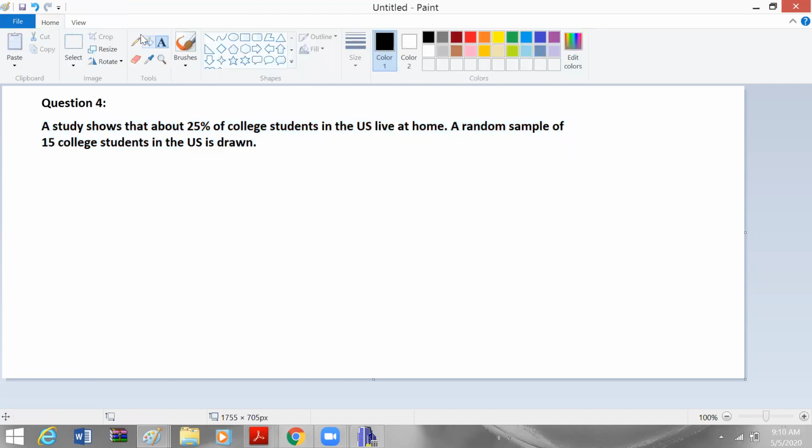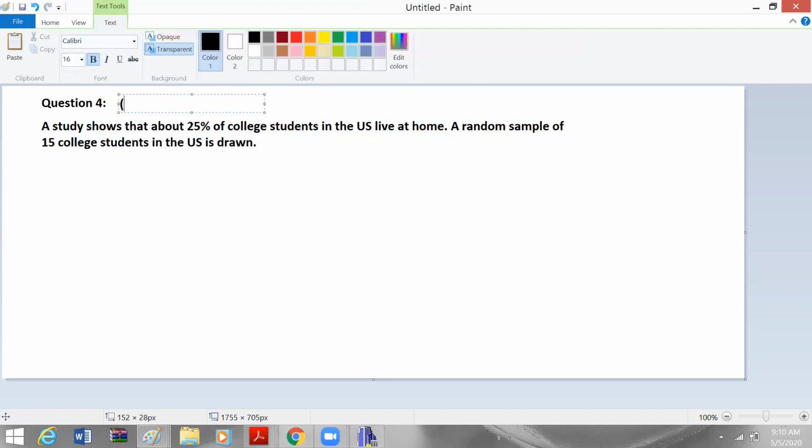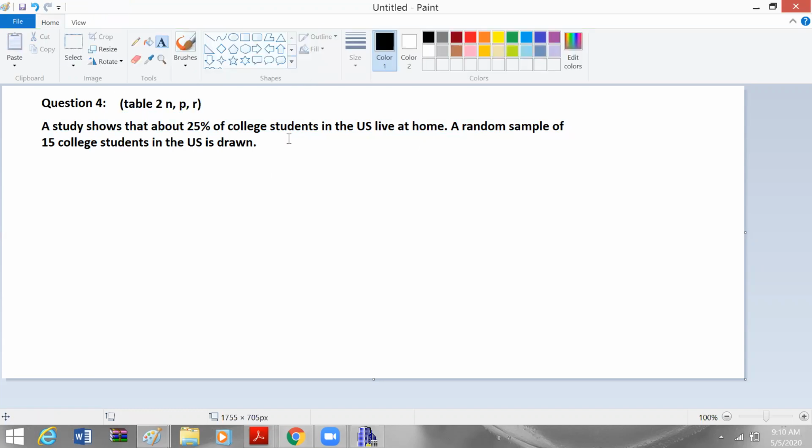When it comes to question number 4, we're going to use Table 2, the binomial table. Anyone still remember it from the second exam? The p usually will come with a percentage, so we need to convert it to a decimal number.